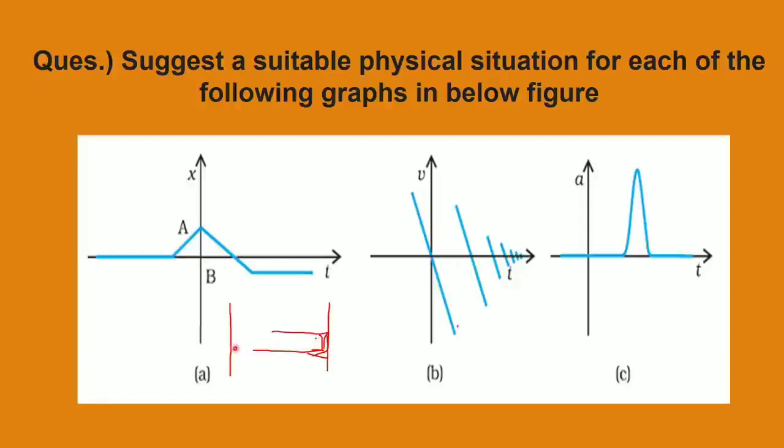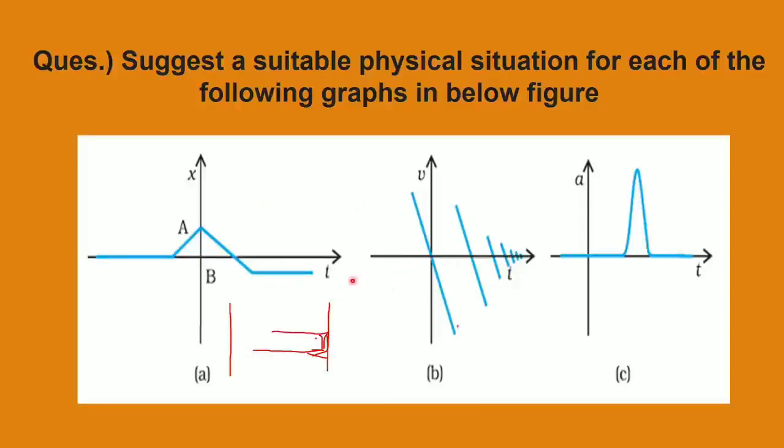So this is the pictorial depiction of the physical situation. You may say that the body is initially at rest, then it moves in the positive direction, then it turns back, position starts decreasing, and then it crosses the mean position and comes to rest.